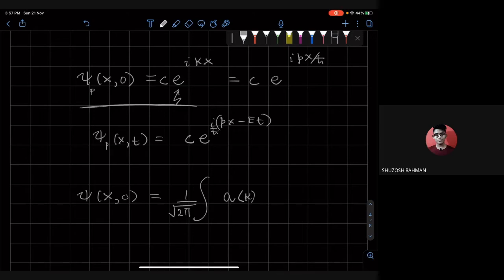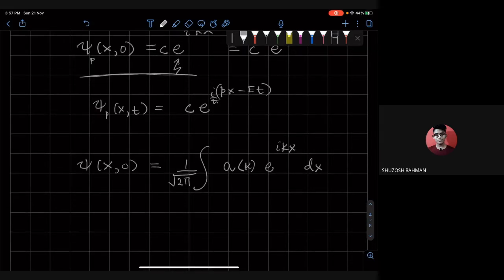And we can always absorb the 2 pi into A_k. Then e to the power i k x dk, right?